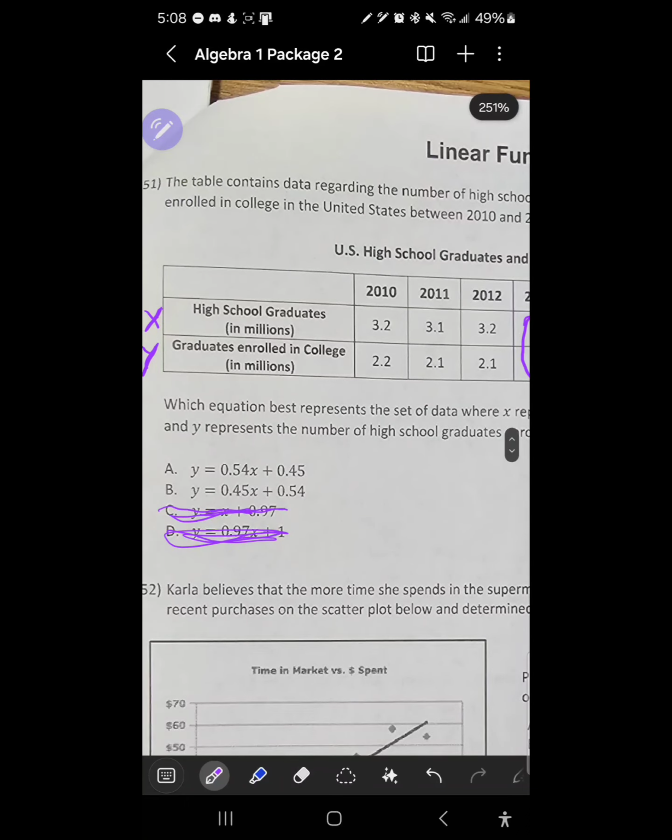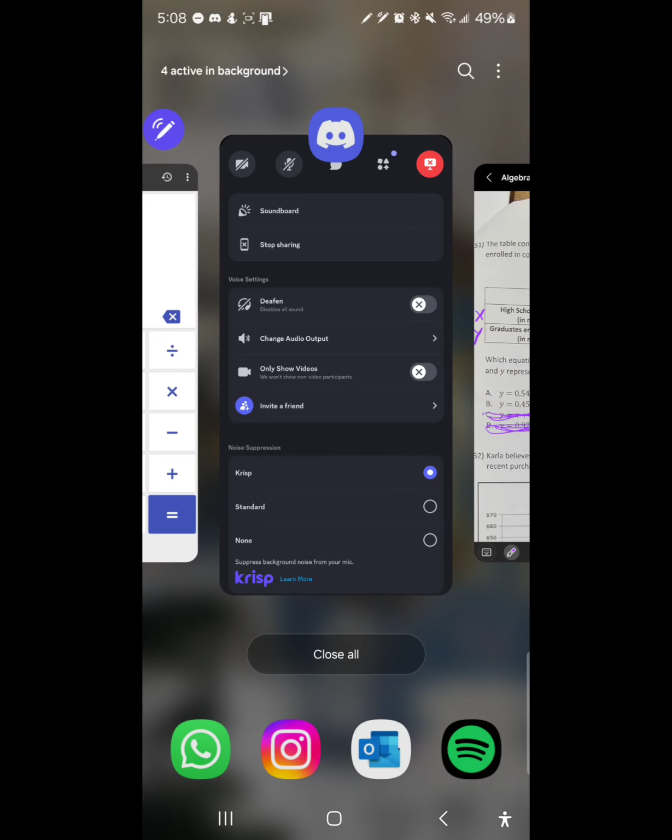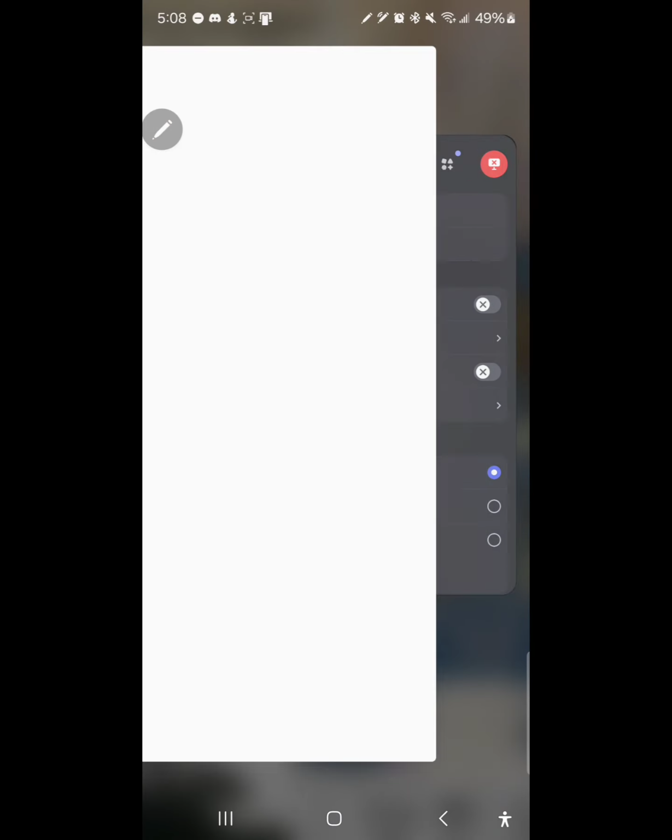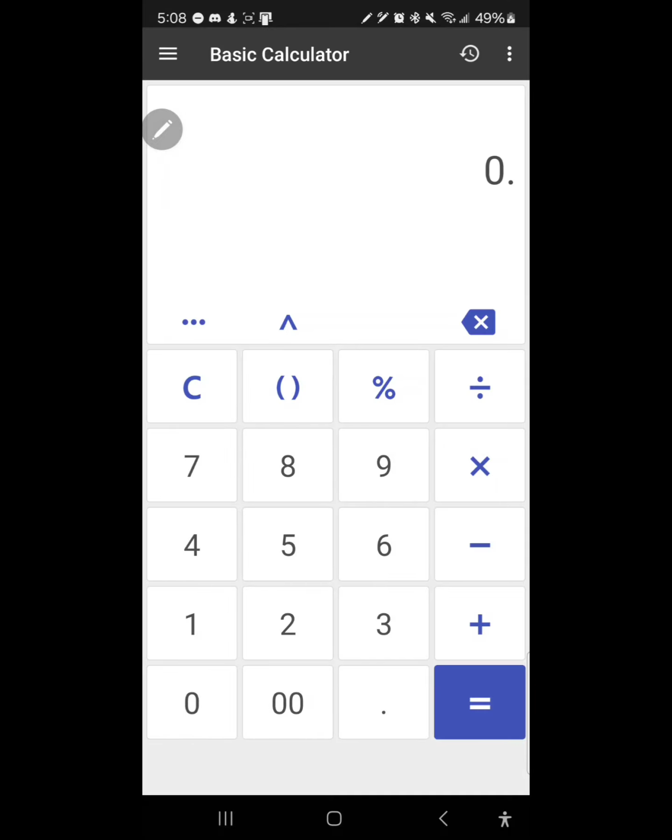I'll go 0.54 times 3 plus 0.45, okay? 0.54 times 3 plus 0.45, I got 2.07. So it's really close, so okay, and then 0.45 times 3 plus 0.54 actually.